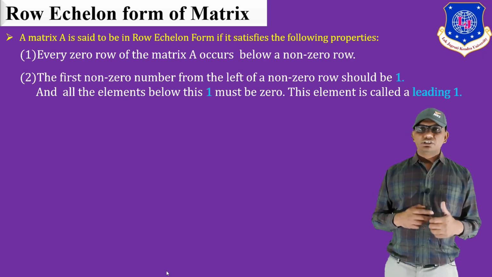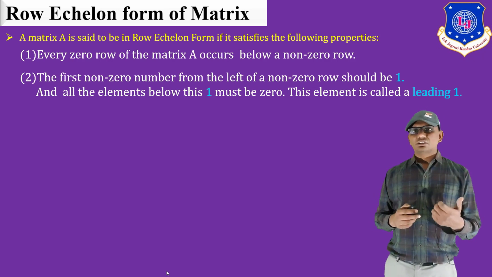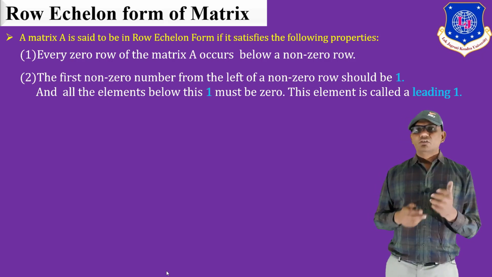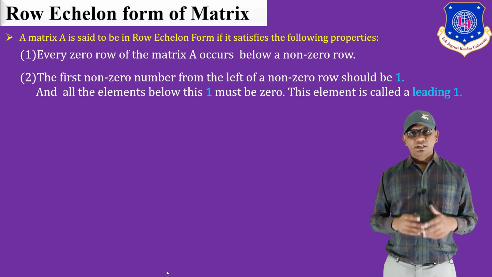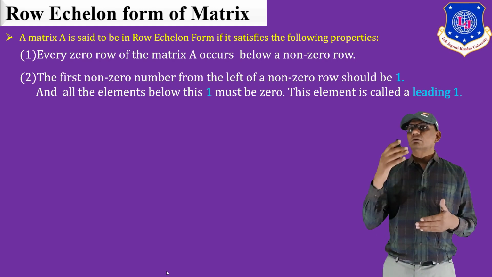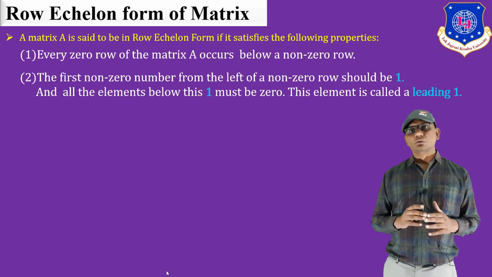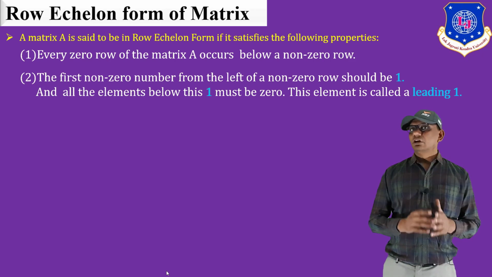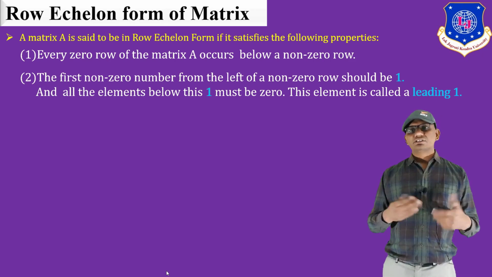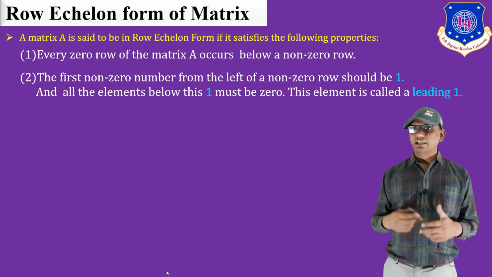So our second condition is this: the first non-zero number from the left side of the non-zero row should be a 1, and all the entries below that particular 1 must be 0. That is the most important condition, and that particular 1 is known as the leading one. Sometimes it is also known as the leading element.